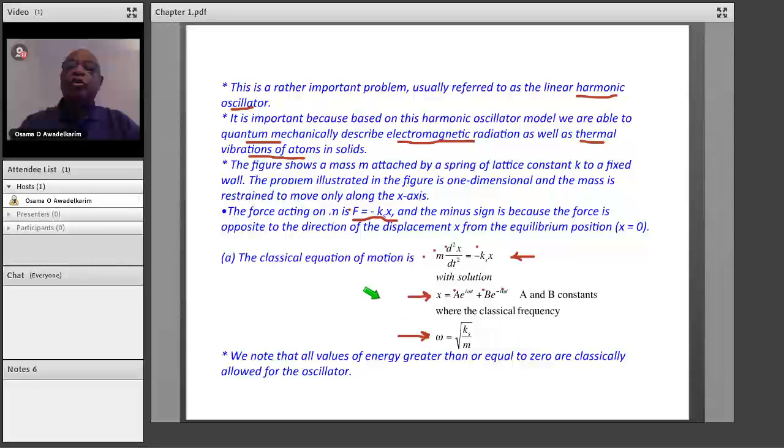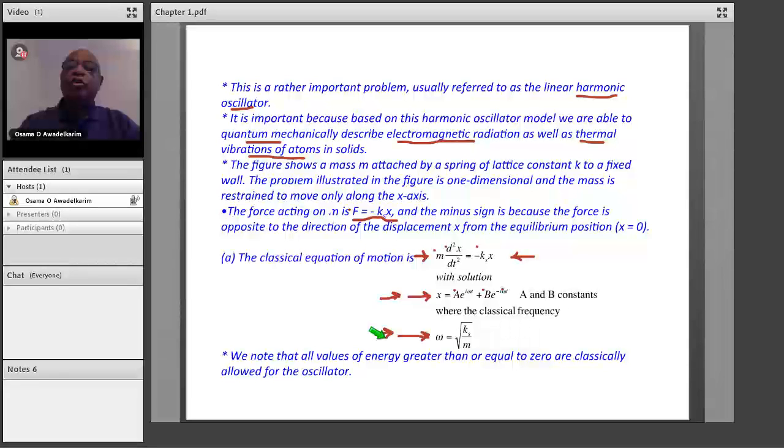It's a very simple exercise. You can try this function x back in this differential equation, and you can immediately see that it satisfies the differential equation, provided that the angular frequency omega is equal to the square root of Ks over m. So this is the classical picture.